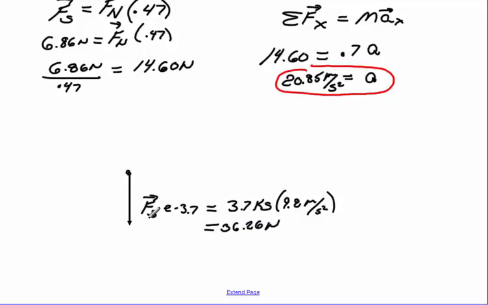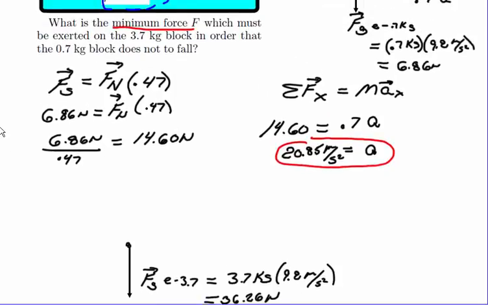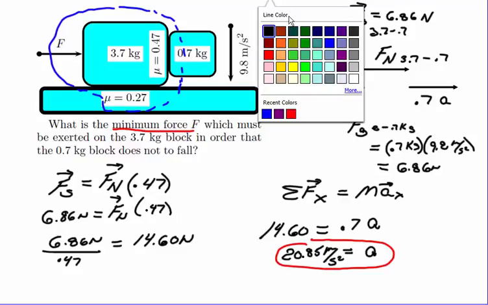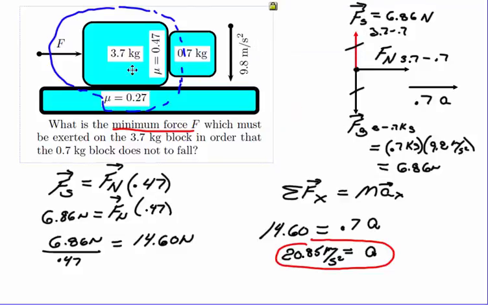Alright, now this is interesting here. Let's think about what's causing this friction. I should have actually labeled that. That static friction is actually here. Isn't that going to be the 3.7 onto the 0.7? That's what's causing the friction. So I'm going to color these so you can see them. Make this one into a red. It's going to have a force pair.